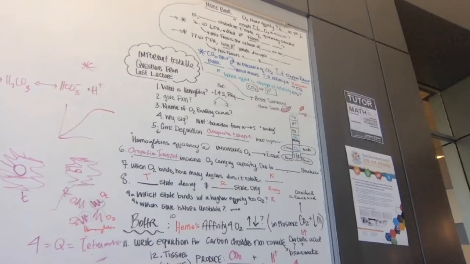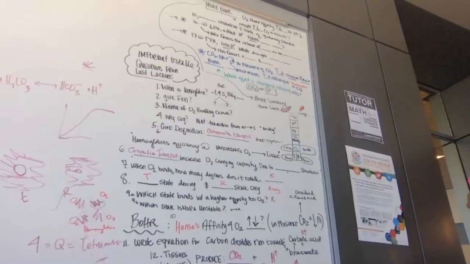O2, now this is for the board. O2, what did I write? Oxygen. Heme, does that say heme? Yeah, it's heme. Okay, hemoglobin's affinity for oxygen increases or decreases as pH decreases.